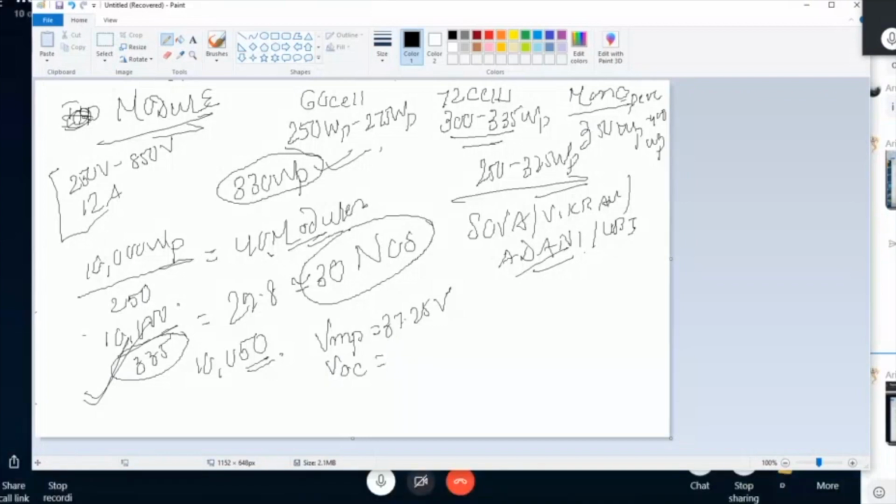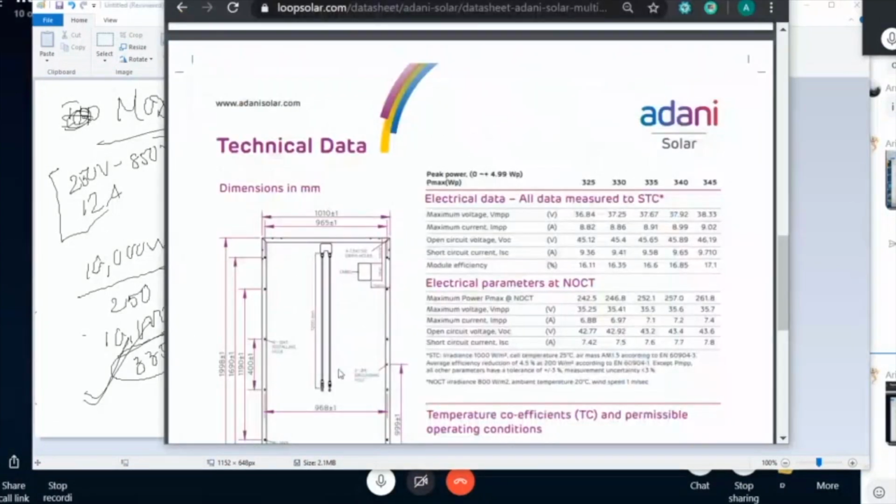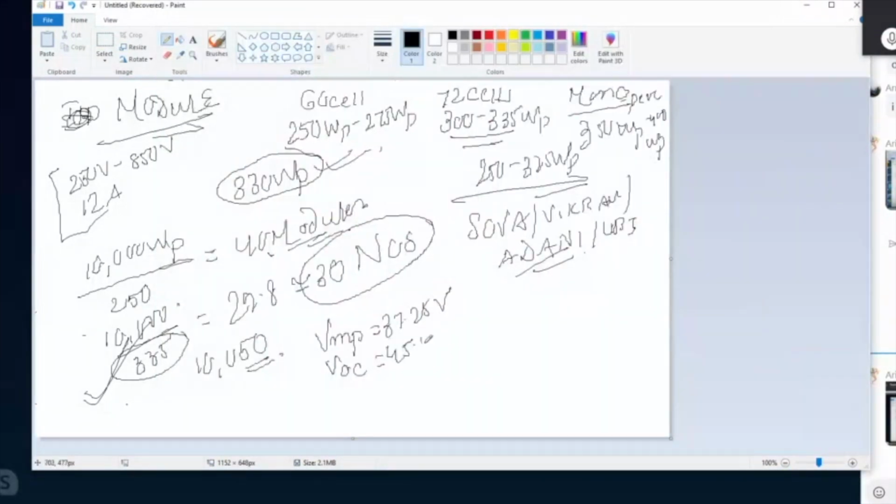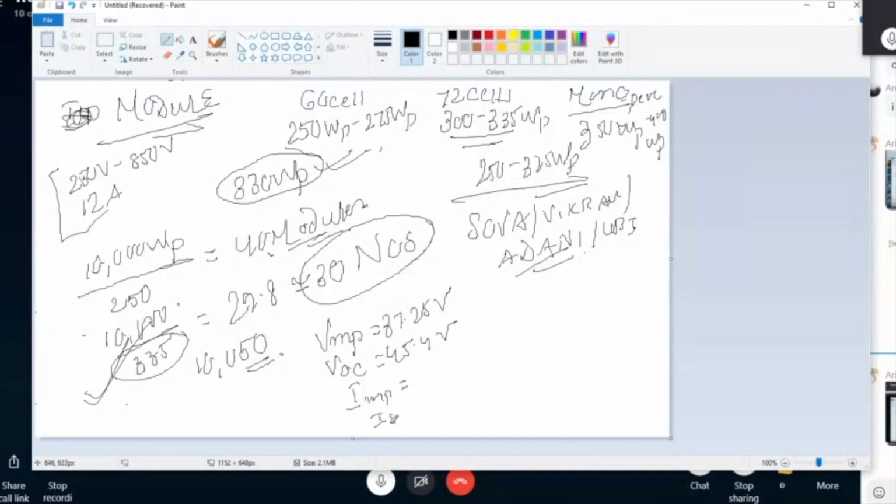VOC is 45.4. As we told yesterday, VOC is the maximum voltage. So you can see VOC should always be greater than VMP, always. Next is IMP and last is ISC.